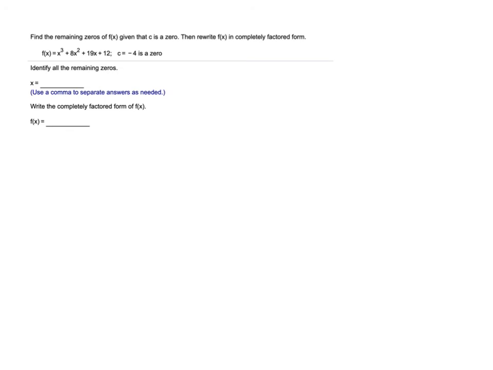Okay, for this problem, find the remaining zeros of f of x, then rewrite it in completely factored form. Okay, they give us that c equals negative 4 is a 0. That's very important because that's going to help us factor. Our goal is to find the zeros. We have to have f of x in factored form. But f of x is x cubed, so we can't just look at this and factor it very easily.